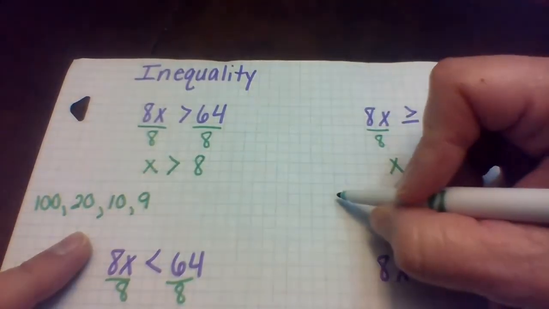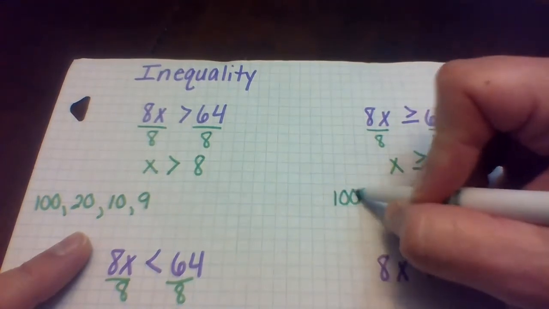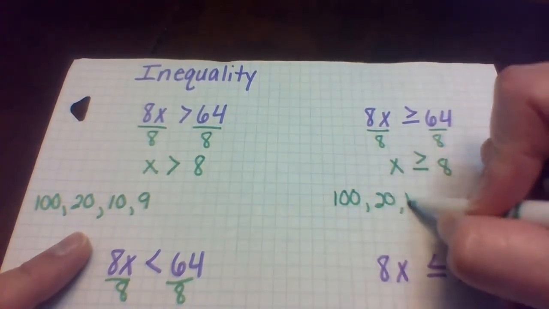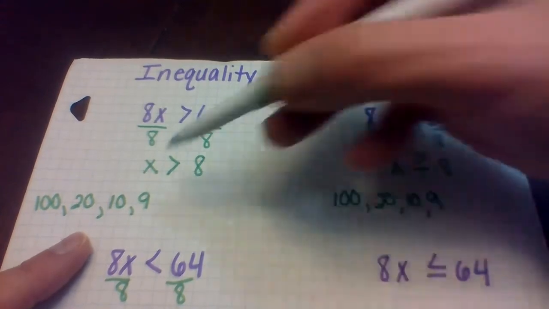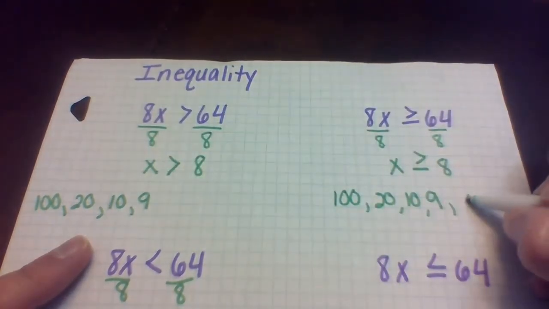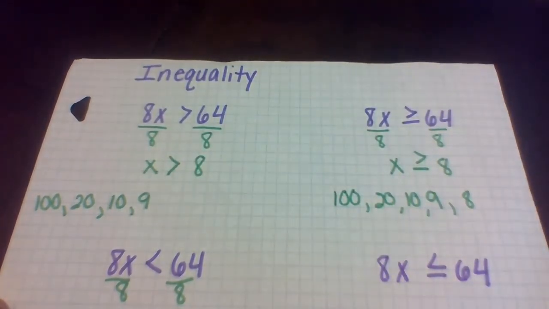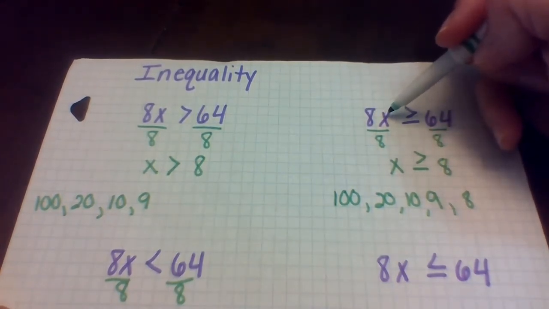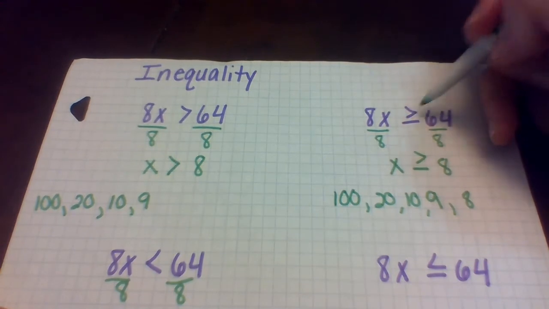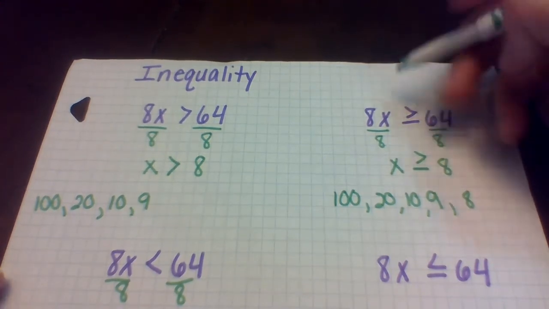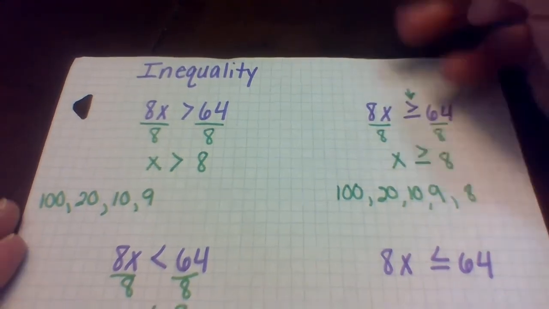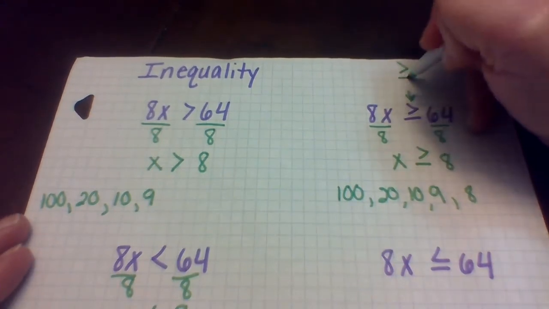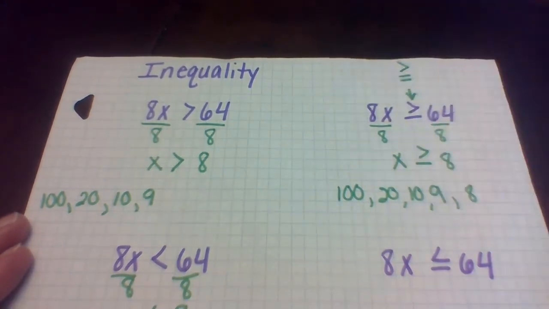I can say x is equal to 100, or 20, or 10, or 9, just like I did over here. But I can also say this time x is equal to 8, because 8 times 8 is equal to 64, and that's what I'm saying over here. This is like a combination of the greater than sign and the equal sign put together.